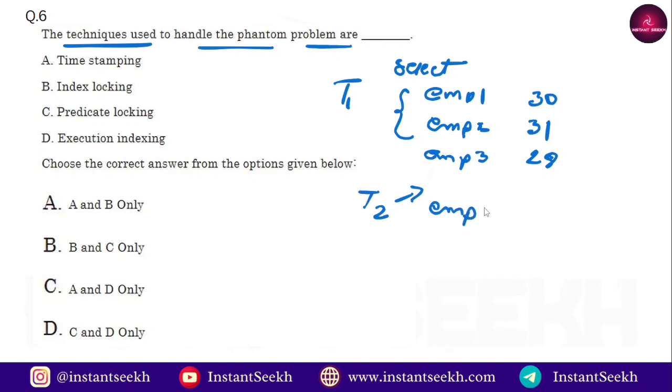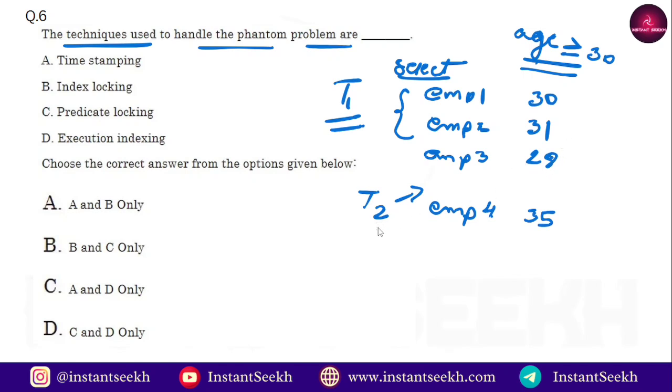emp4 with age 35. The condition for reading is age greater than or equal to 30. So if you observe, transaction T1 is performing a read operation based on the condition age greater than or equal to 30.